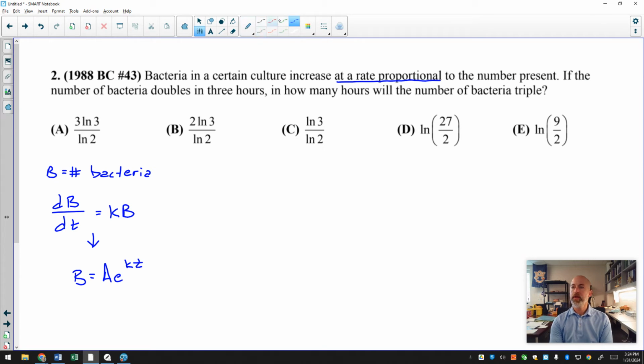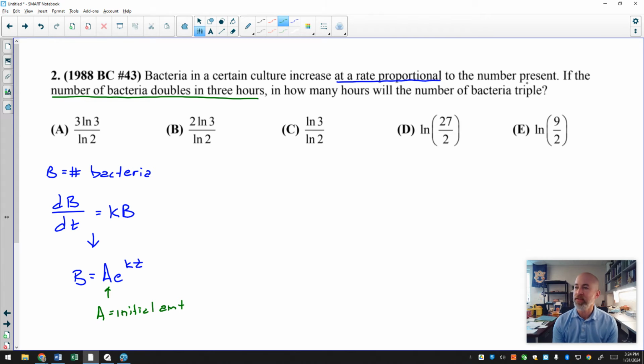Now we keep reading. And here's where it gets tricky. It says the number doubles in 3 hours. The number of bacteria doubles in 3 hours. Now, here's something to jog your memory. With this exponential growth model, you may remember that a is the initial amount. And you could very quickly find that out if you plug in 0 for t to represent the beginning of time. e to the 0 would be 1, and so you'll be left with a, which will be the initial amount.